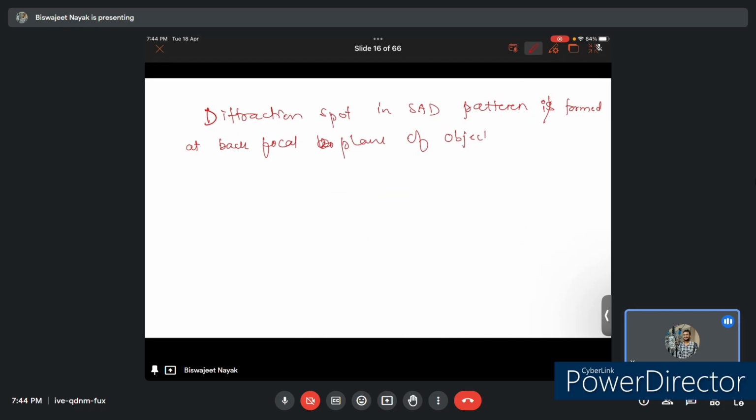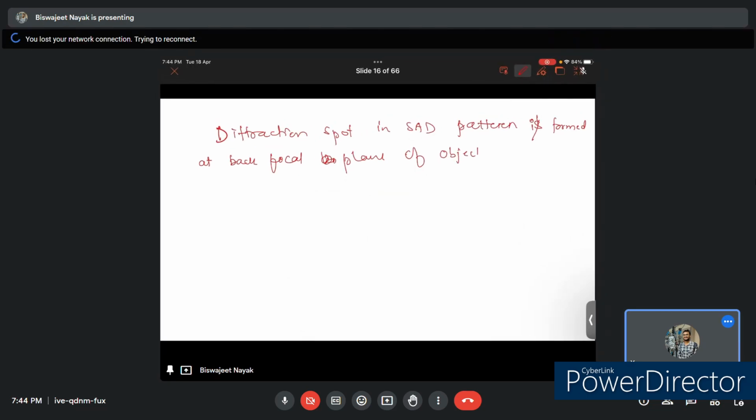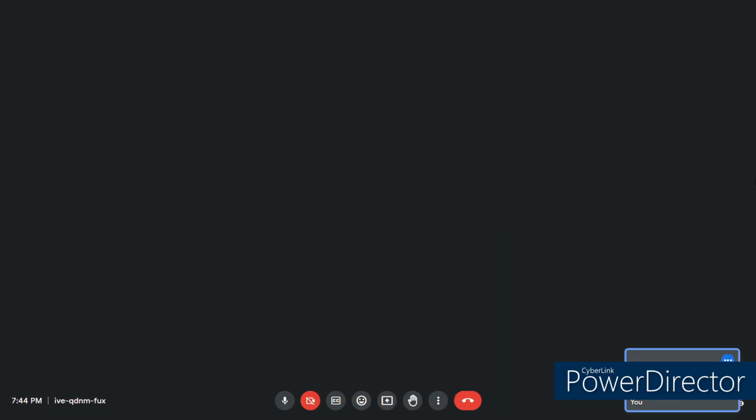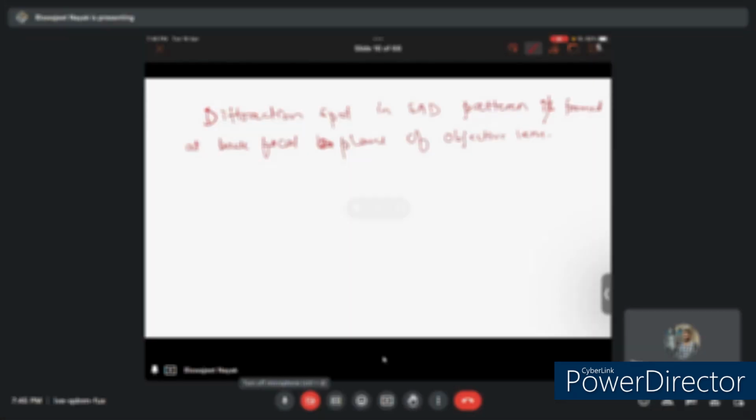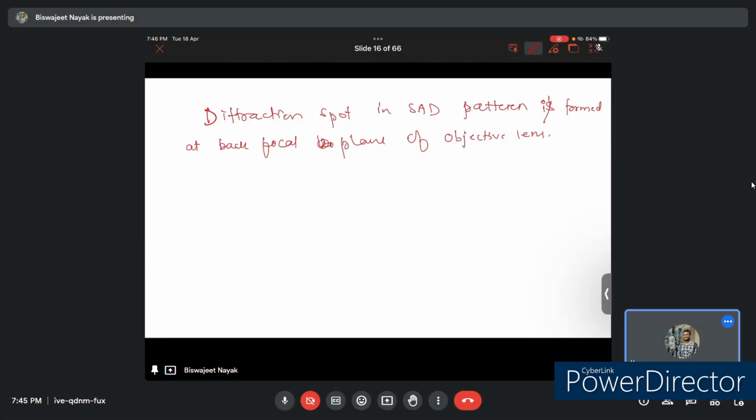So here the SAD method for selecting an area is to place one aperture in the first image plane below the objective lens. We are really selecting an area in an image, but we always refer back to the volume of the diffracting specimen.